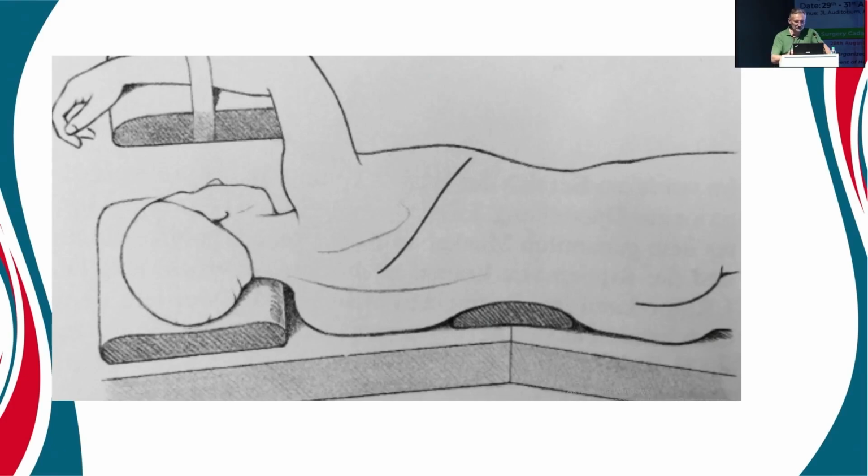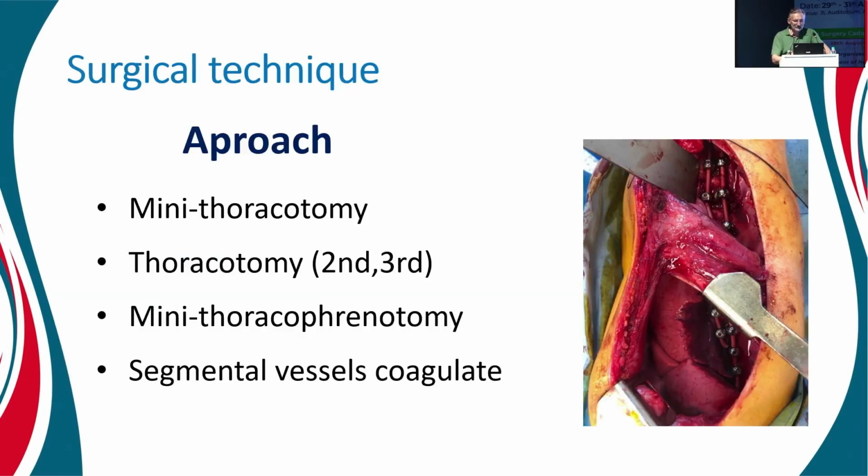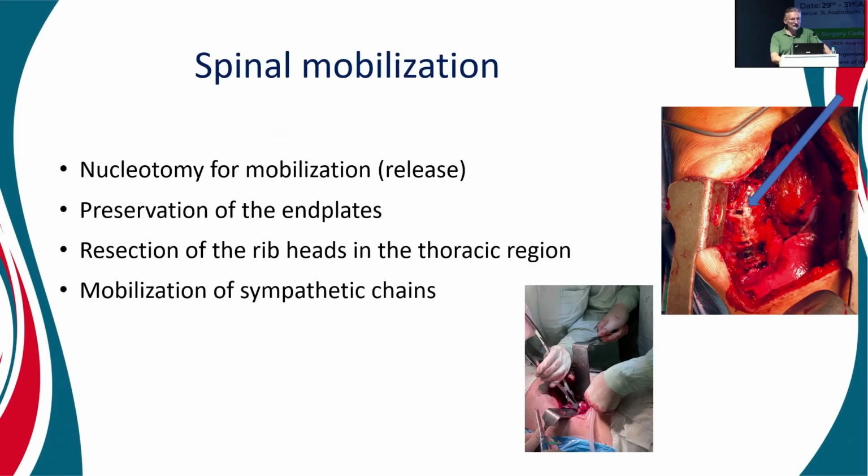Usually we use mini thoracotomy, through the 9th rib for the upper part of the thoracic spine and through the 5th rib for the lower part. We always coagulate the segmental vessels, and we do nucleotomy for mobilization of the deformity, disc release, at all levels where we do correction and fixation.